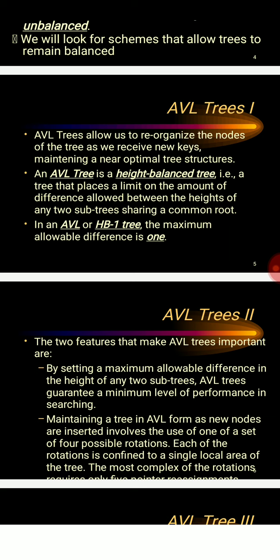Suppose you have a root node and two child nodes, and the left child node grows to a depth of 4. Then it is not called an AVL tree. Why? Because on the right side of the root node you have only one child node, while on the left side you have a depth of 4. So the difference between the immediate child nodes of the root node is not 1, it is 3.